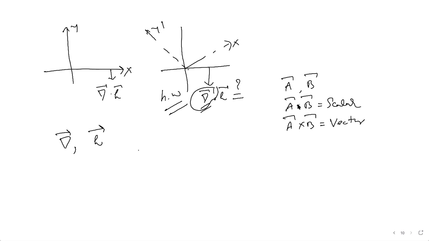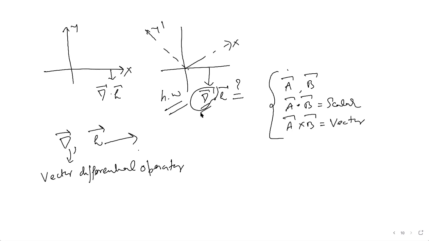Similarly, that was for two vectors. But what will happen when you have a vector differential operator and a vector field, and you want to write down something like this?